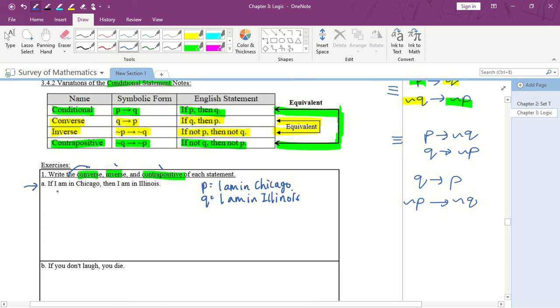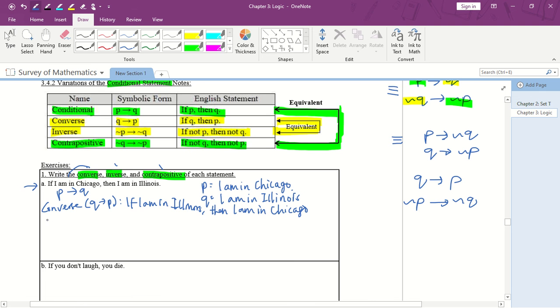This is P to Q, right? And now we need to write it in the form of converse. If it is converse, it is Q to P. Then the statement will be, if I am in Illinois, then I am in Chicago.